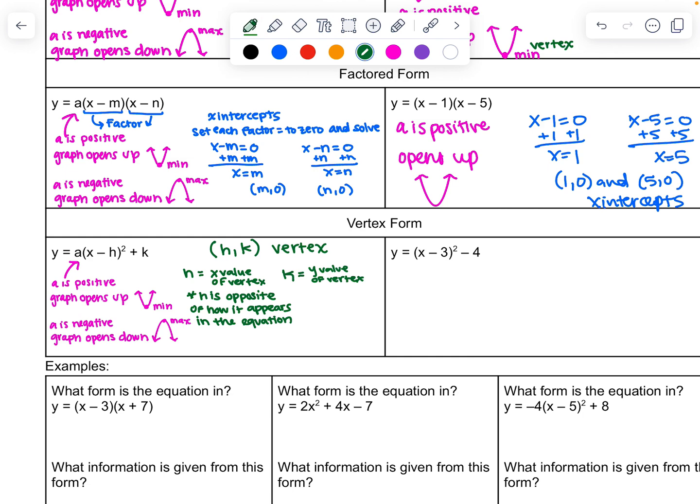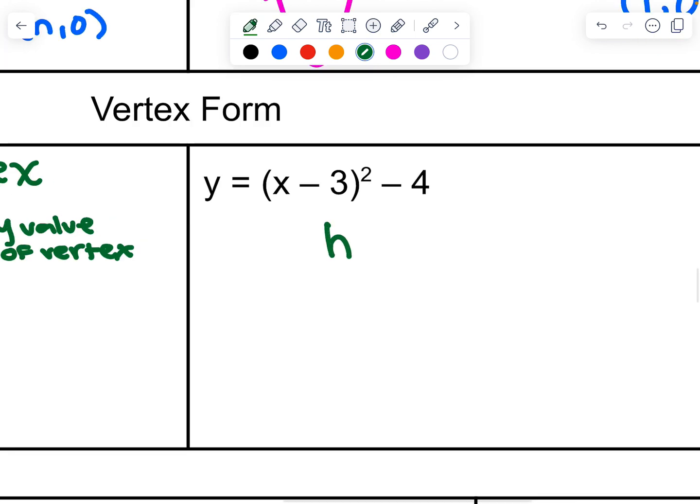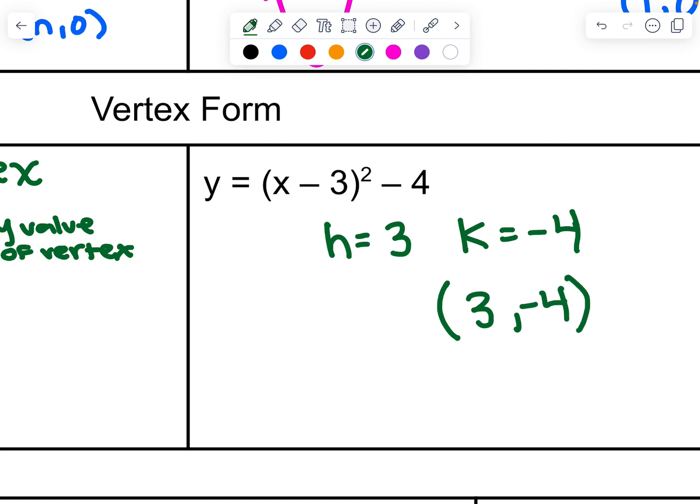If I look at the vertex form here for this specific problem, I would want to be able to say, all right, looking at this form, what is H? Well, H is the opposite of what we see. It looks like -3, so it must be +3. K is the same. It looks like -4, it must be -4. The vertex is (3, -4). If you look back to the front side, that is the vertex that we graphed earlier.